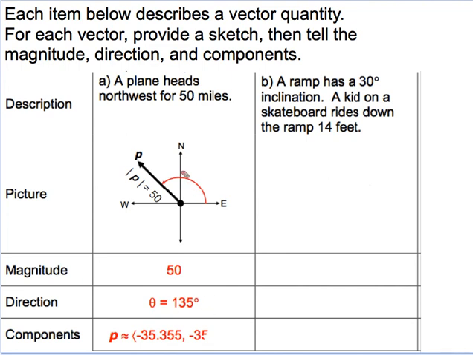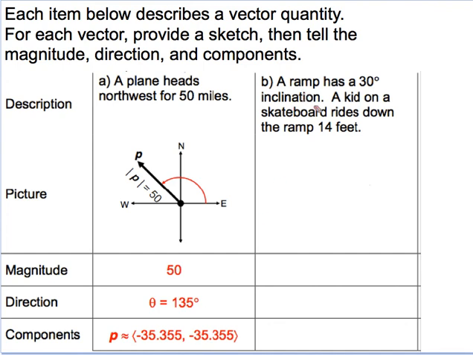How do I know that? Halfway between north and west is 45 here, plus another 90 gives you 135 degrees. And it's going for 50 miles, so the magnitude is 50. I plug that into my calculator and I get that information.